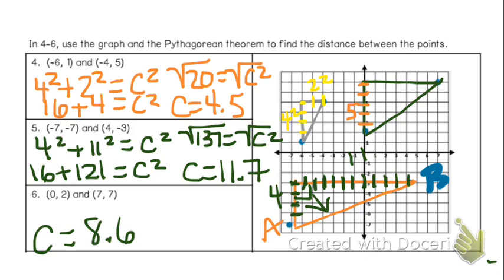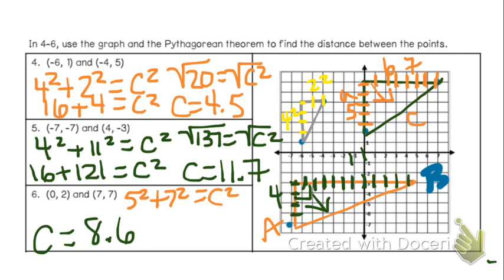So this is 5. And this would be 1, 2, 3, 4, 5, 6, 7. So you could say leg A is 5, leg B is 7. We're looking for C. So 5 squared plus 7 squared equals C squared.